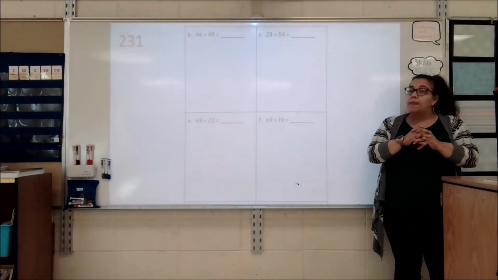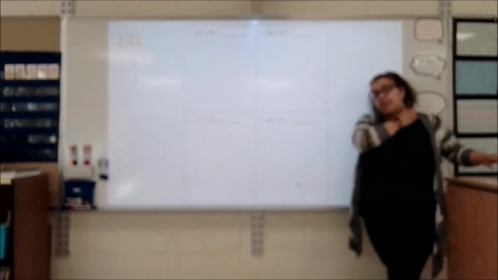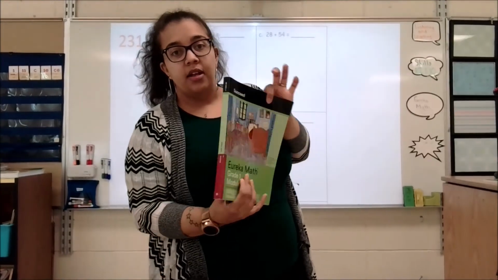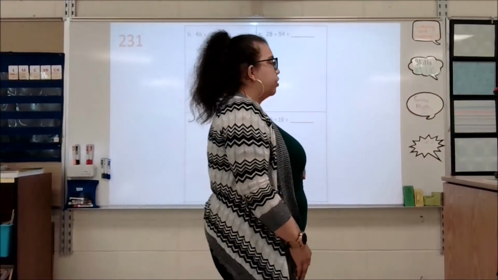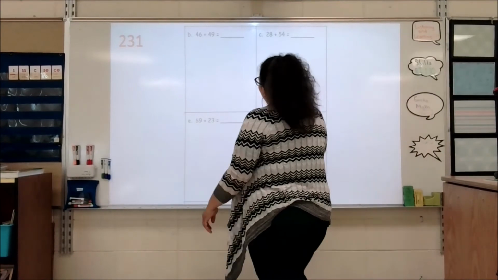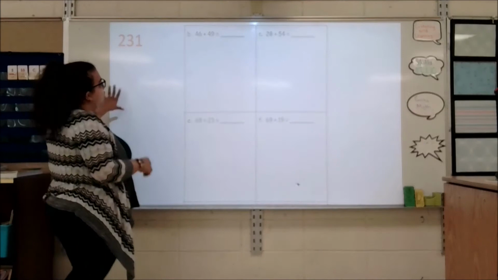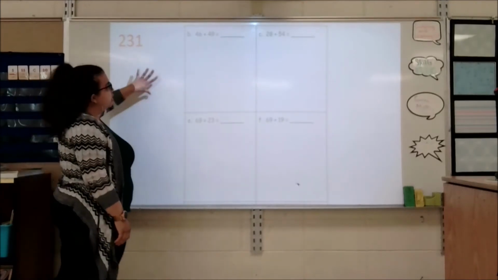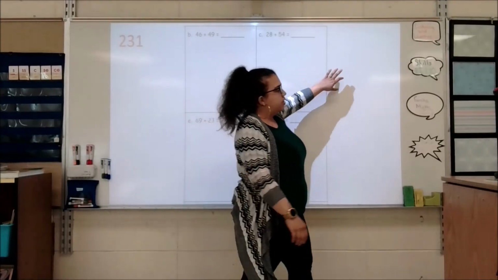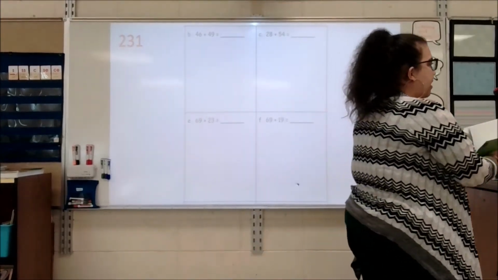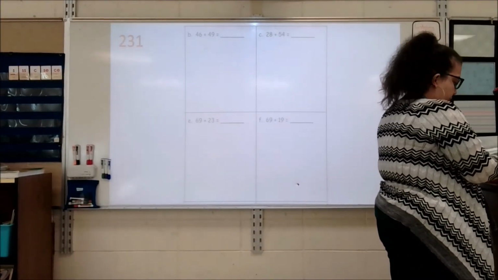So now let's look at page 231 in that lovely Succeed book. Notice red number, red trim, page 231, and we're going to start with letter B. For some reason today I decided to stack them like this, so we're probably going to use our spaces on the edges to draw pictures.